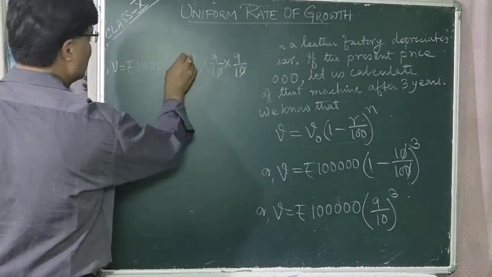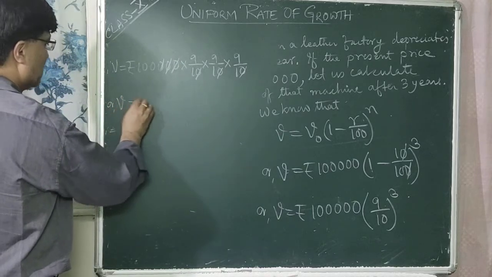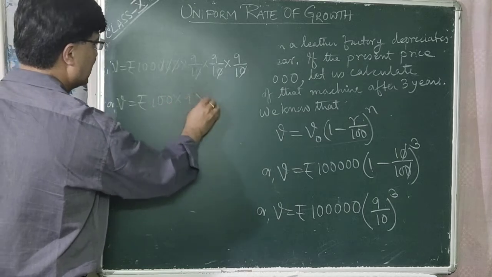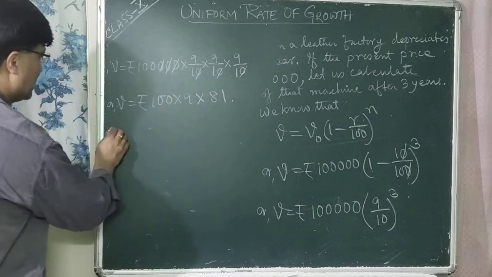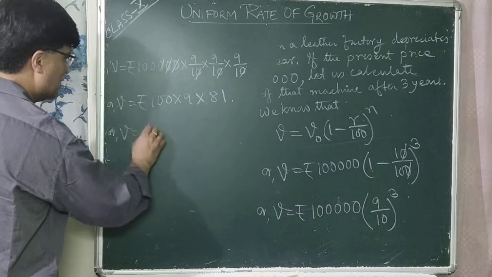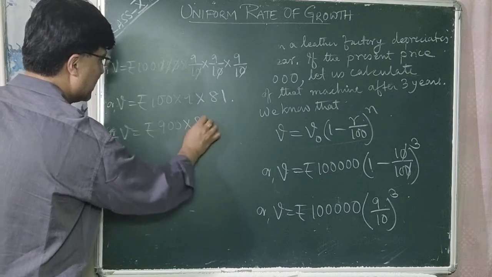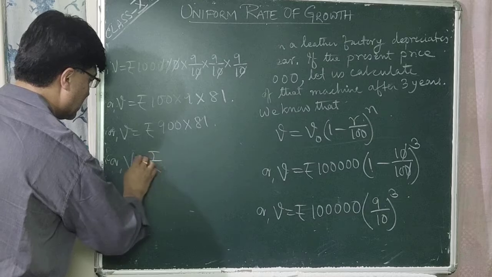So 3 zeros will be cancelled from both numerator as well as denominator. So V is equal to rupees 100 into 9 into, this is 9 nines are 81, right? Or V is equal to rupees 9 into 100 is 900 into 81.